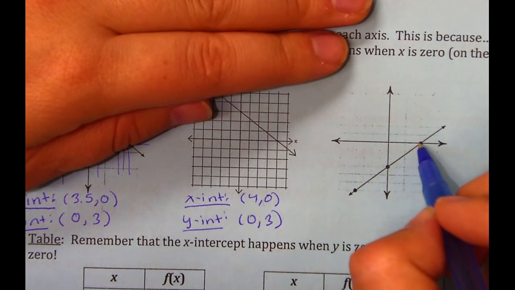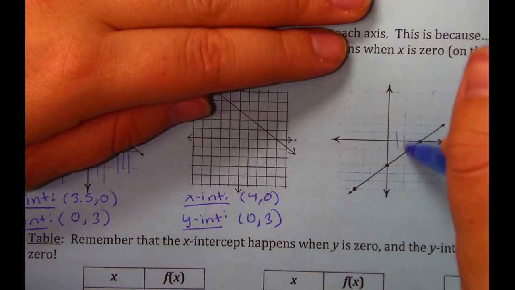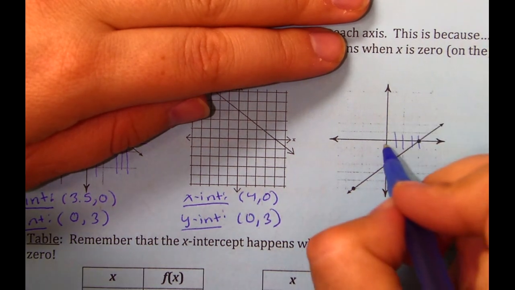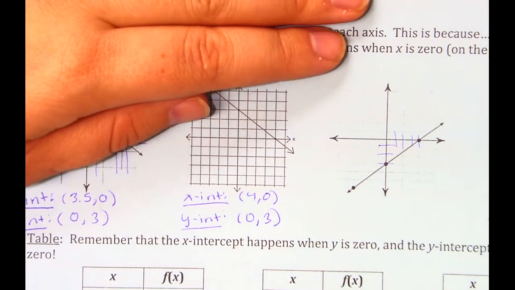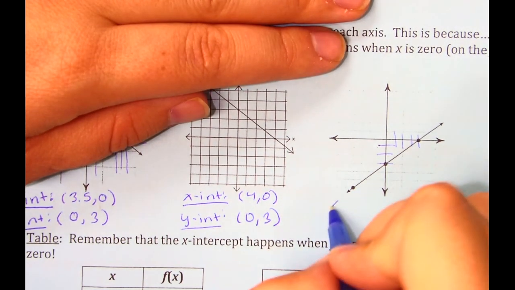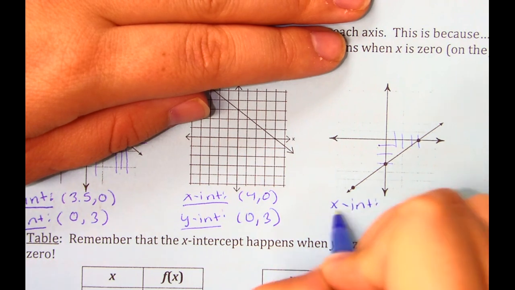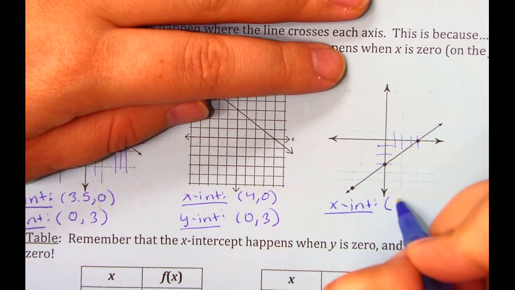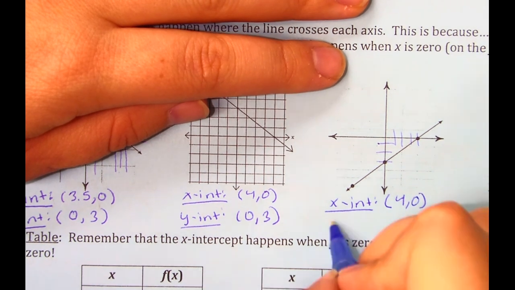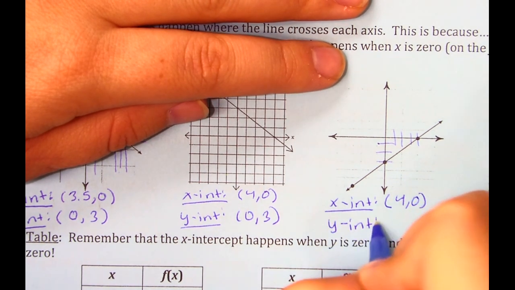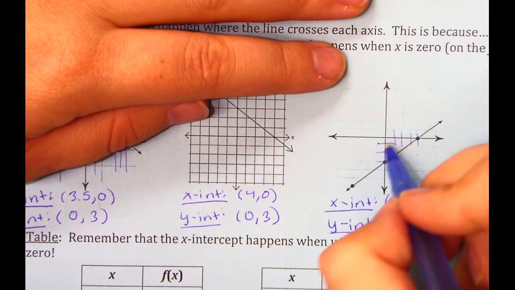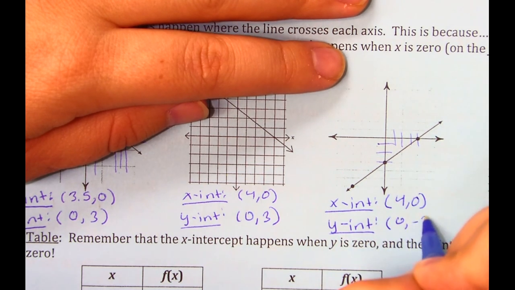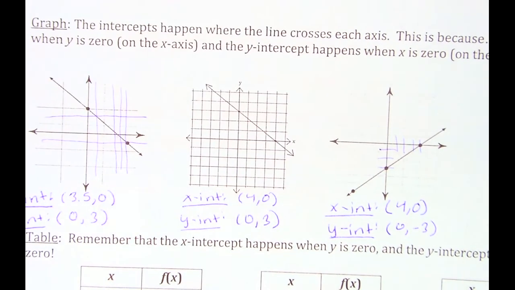Here, again, this one's a little bit hard to read, but it's hitting the x-axis, so the x-intercept is at 4, 0. And the y-intercept is at 0, negative 3.